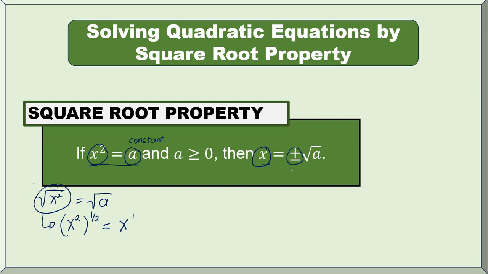And remember, the square root property is only applicable if the given quadratic equation has no linear term, just like in the form x squared equals a. Or we can also use this if the given equation is transformed into a square of binomial.